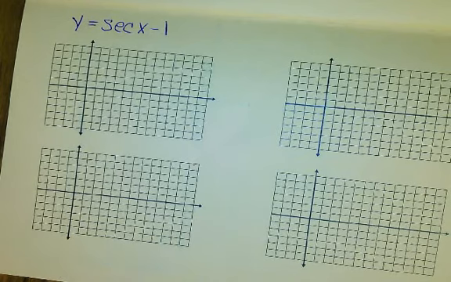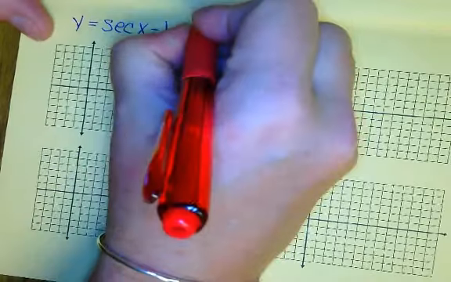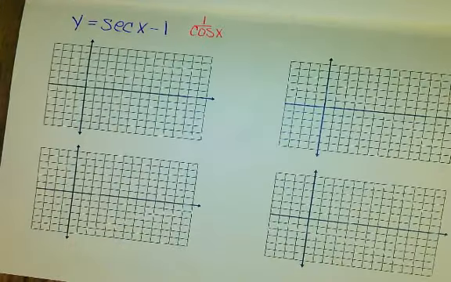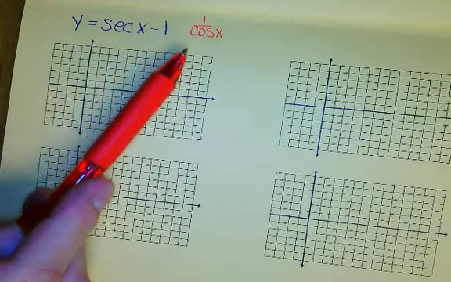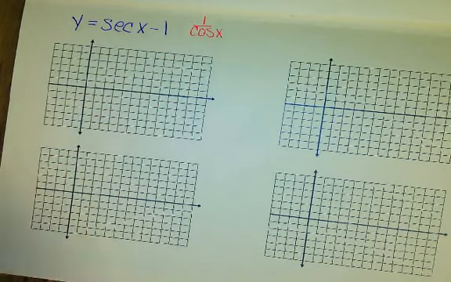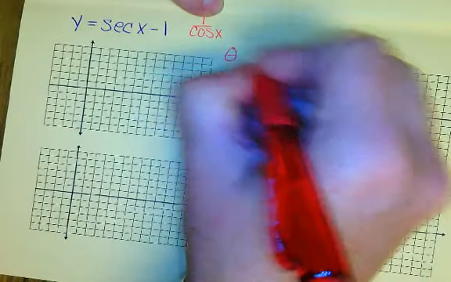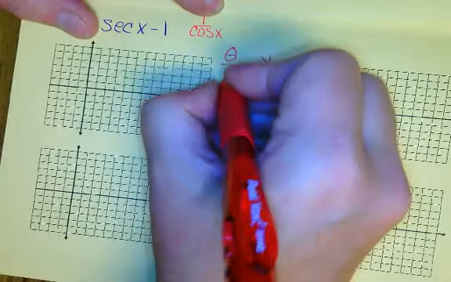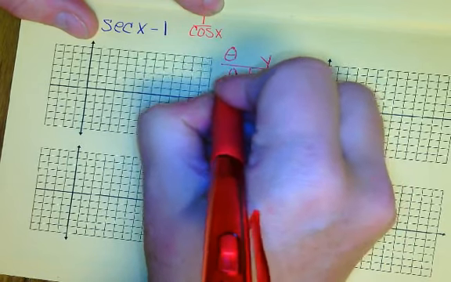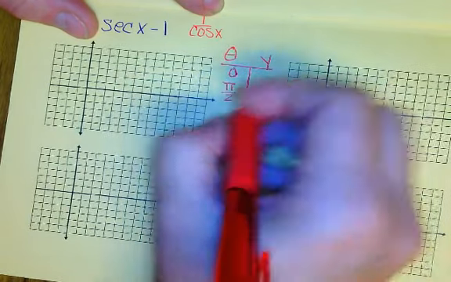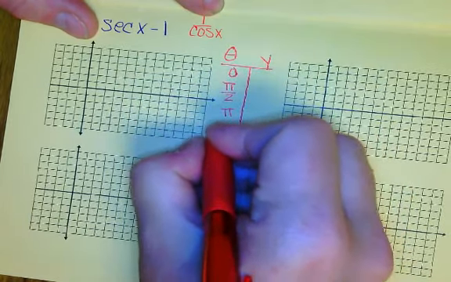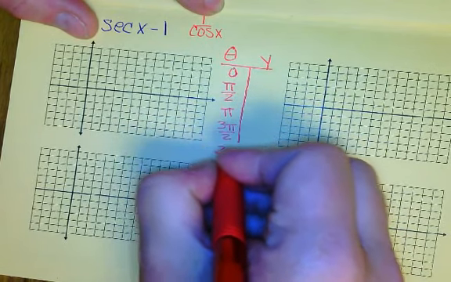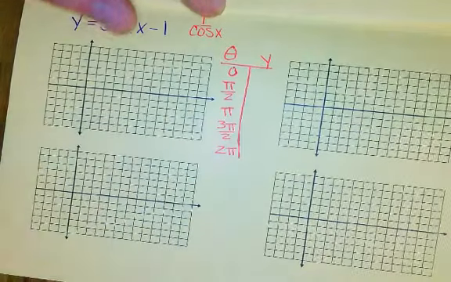Okay, so again, it's important to remember that secant is related to 1 over cosine. So really all I'm doing here is I'm taking that cosine function and I'm moving it down 1. So if I were to make my table of values, again, I'm not messing with the b value, so I'm still going to use 0, pi over 2, pi, 3 pi over 2, and 2 pi. Okay, so I'm still using those.